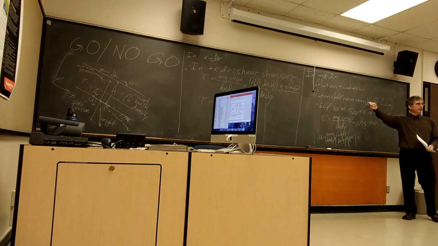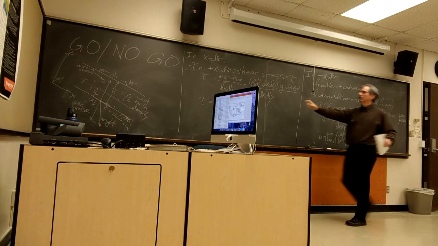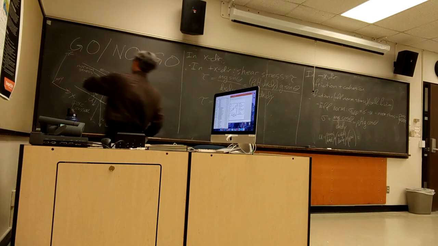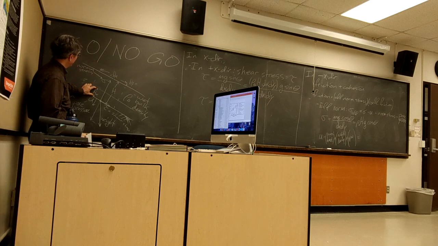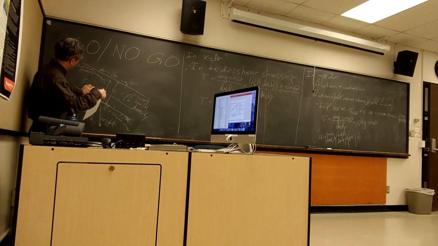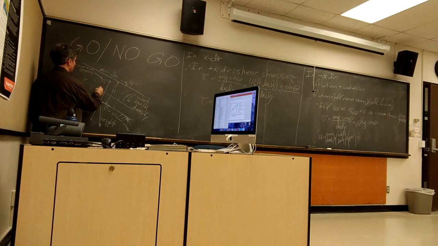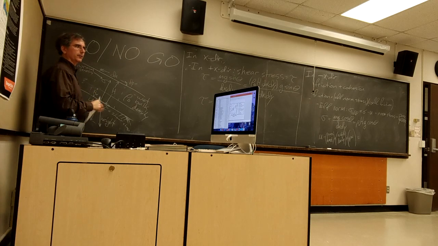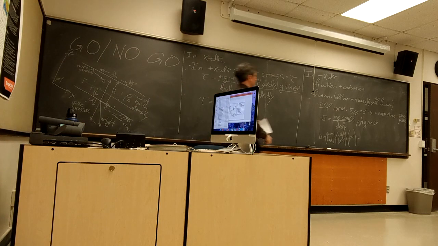So the pressure head is HW times, and this is where it gets a little weird. It's HW reduced by the cosine of the slope angle.